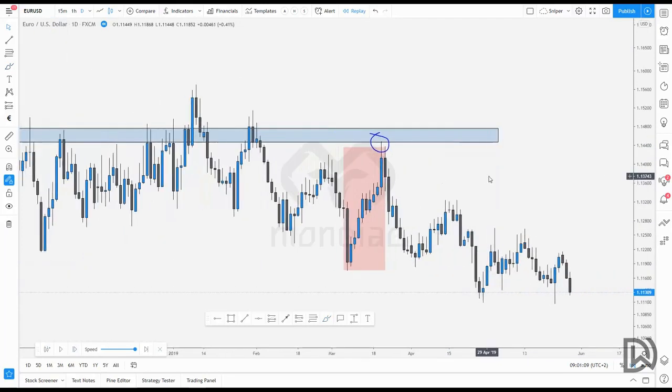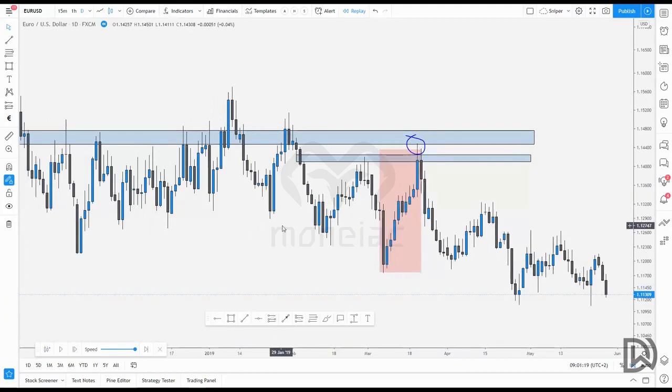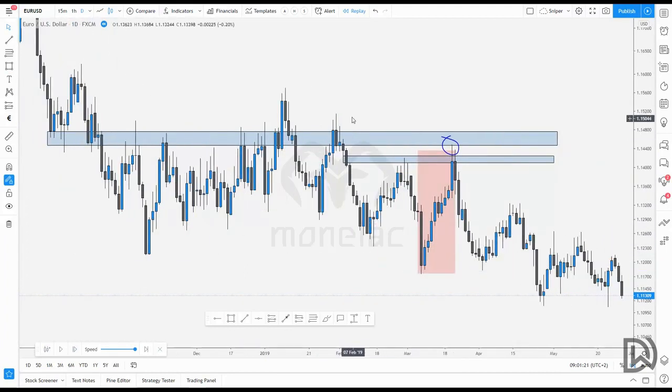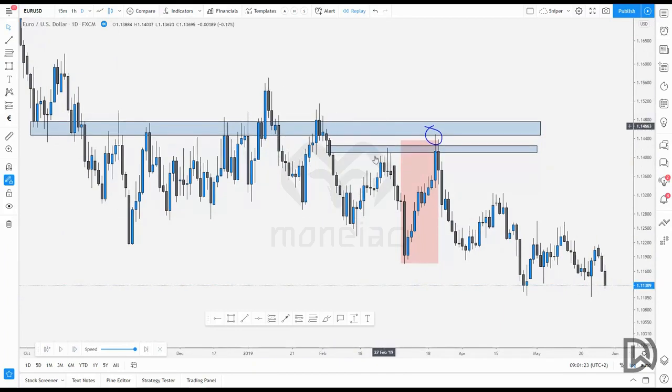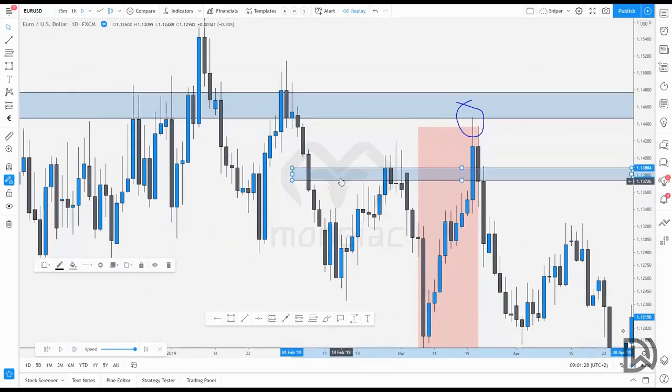We have something else here as well on the daily. There's different names for it, but we just call it imbalance. I think that's what most people call it. Imbalance is basically an area where we have this wick and we have this wick, and price has not traded into this area.